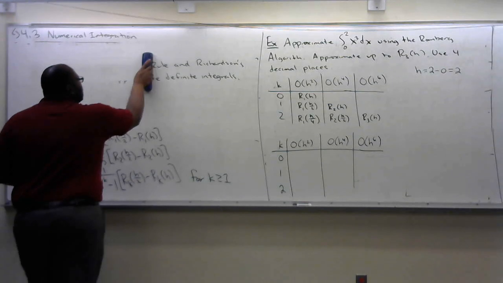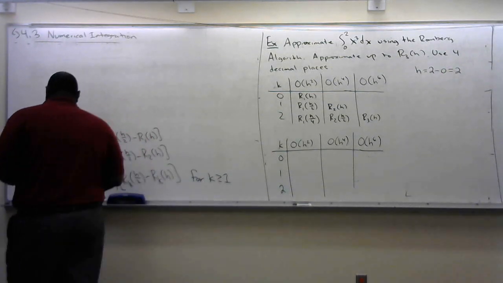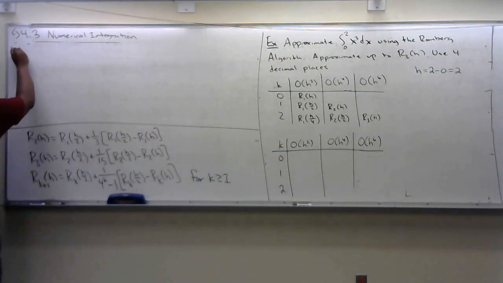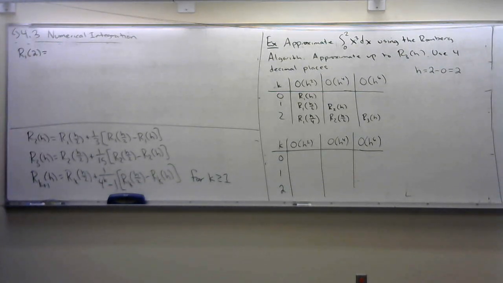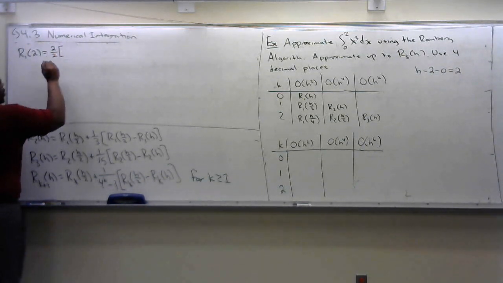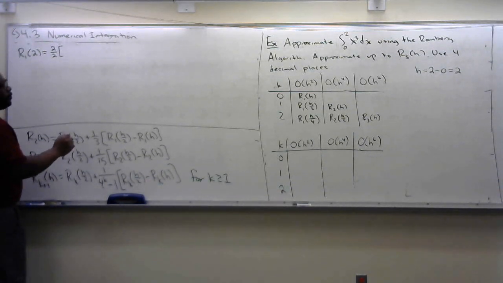Remember that the R sub 1 terms are going to be our composite trapezoid rules. So R sub 2 is my h. Remember, the trapezoid rule is h divided by 2, so I have 2 divided by 2. I'm not splitting this up at all, because we're going over the entire interval for the first one.